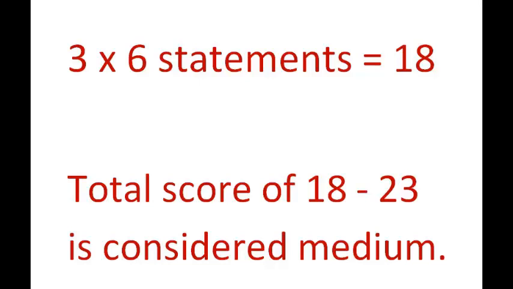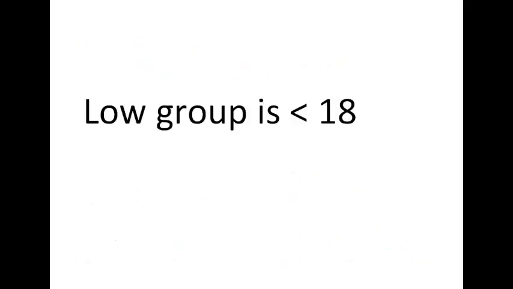In our medium group, it's going to be 23 all the way down to 18. Any respondent who scores from 18 to 23 will be considered medium in their self-efficacy behavior. And then finally, the low group is just anyone who scores less than 18, because remember, our cutoff for the medium group went to 18. So those are our 3 groups.